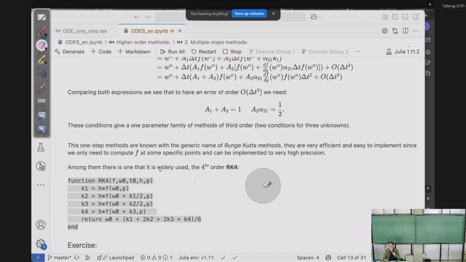Remember that this is an error in one step. If I take many steps to reach some fixed t, I will have to take n delta t steps, and so I'm going to lose one of this delta t. The global error will be delta t to the fourth.